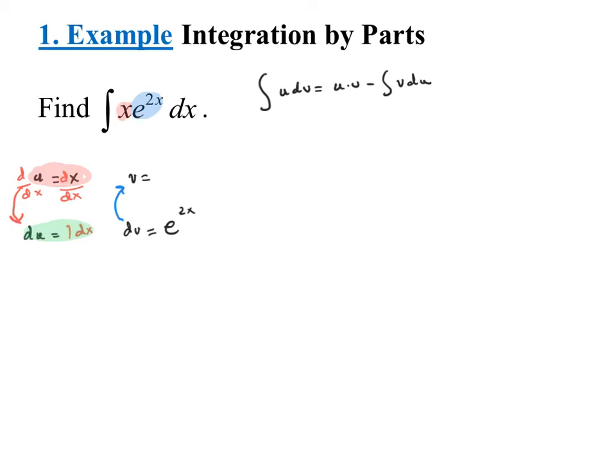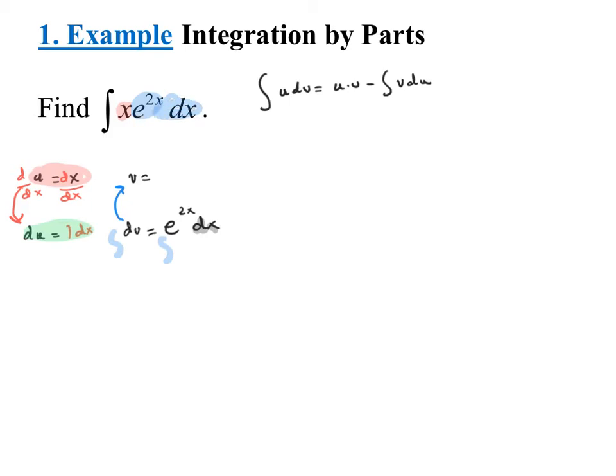Okay, so dv, we said, was the more complicated of the two. That was e to the 2x. So what do I need to do to figure this out? Well, I need to integrate both sides of that equation. And by the way, every time you have dv, you need to include the dx here. So let's include that in there.